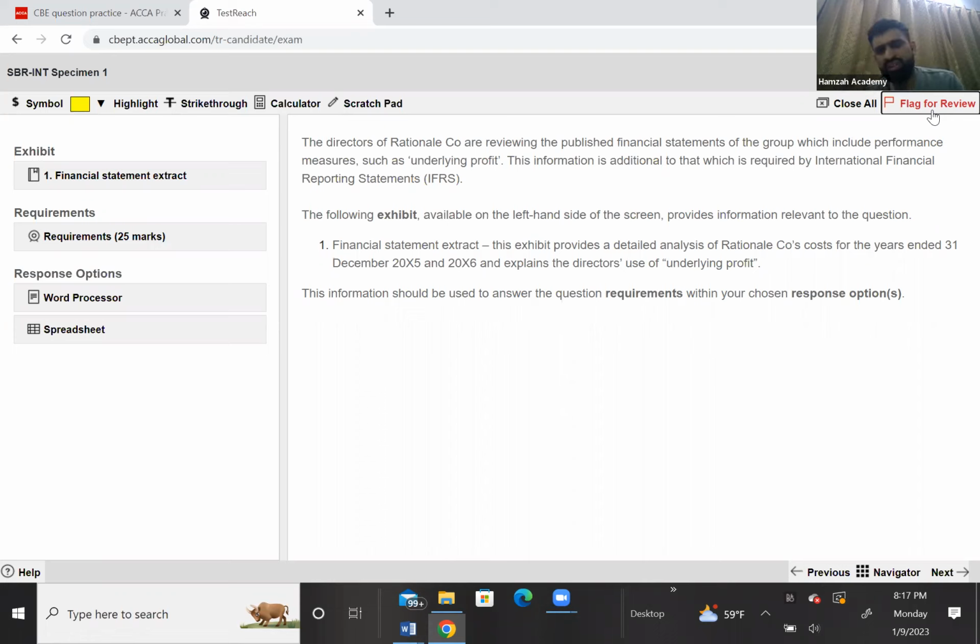In my opinion, it is wrong information, but on the safe side, keep this in mind: if during the exam you have flagged any question, just remember that you should unflag that question at the end. Okay, so there would not be any ambiguity.